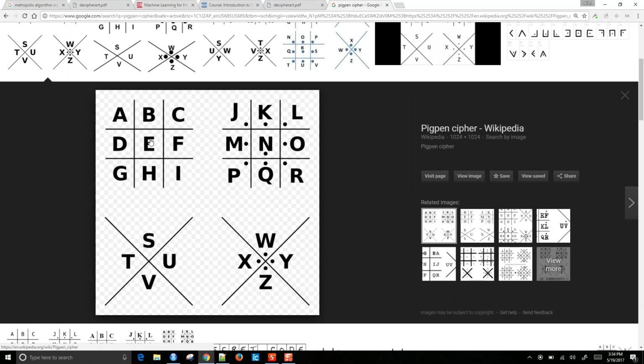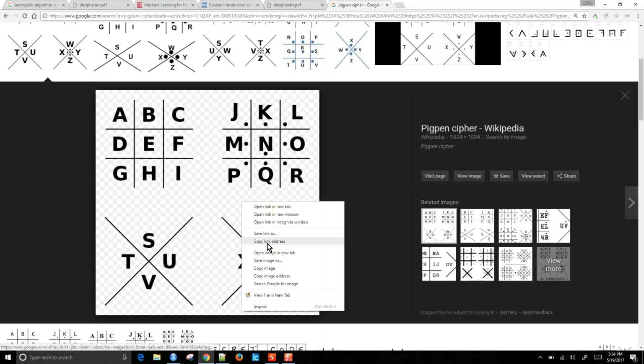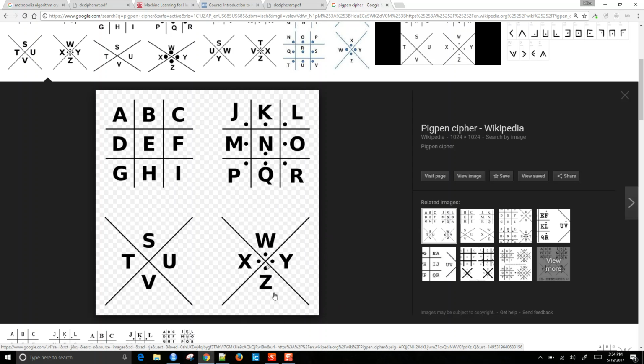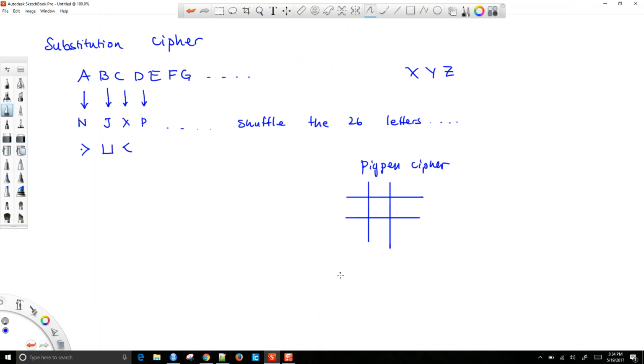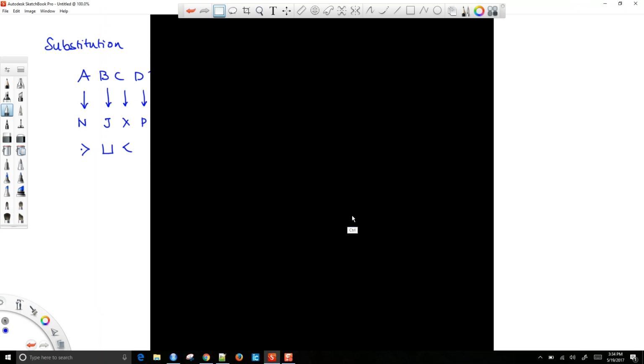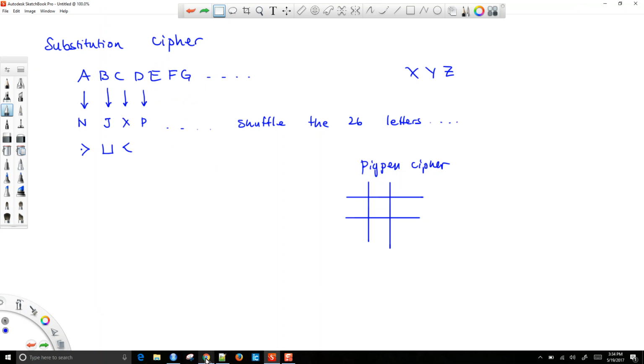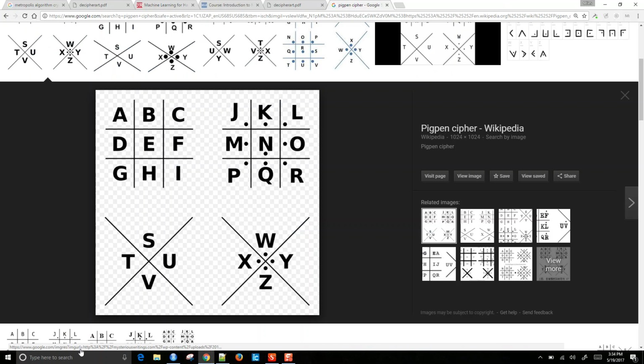This is it right here. A, B, C, D, E, F, G, H, I. Let me copy the image and we'll paste this here. This is an example of another substitution cipher, except you're not using letters.